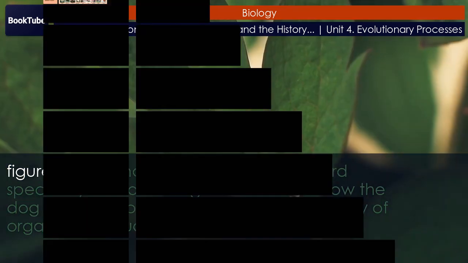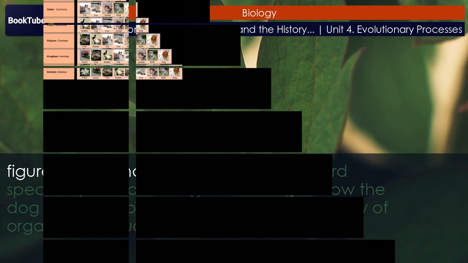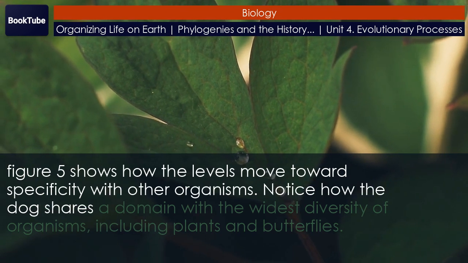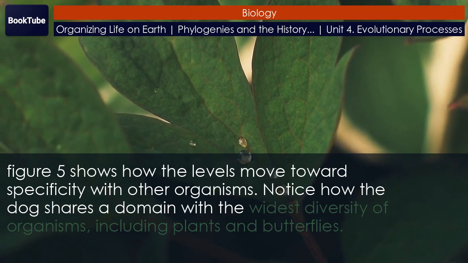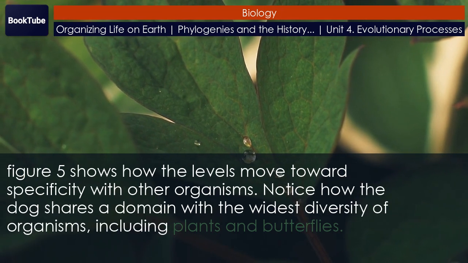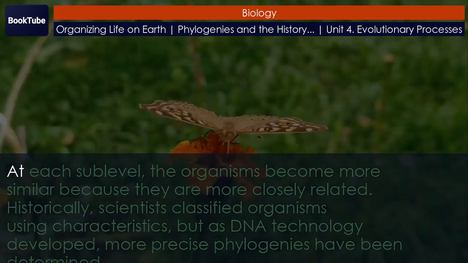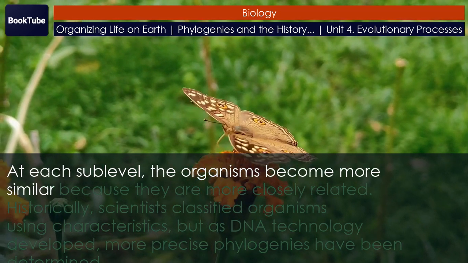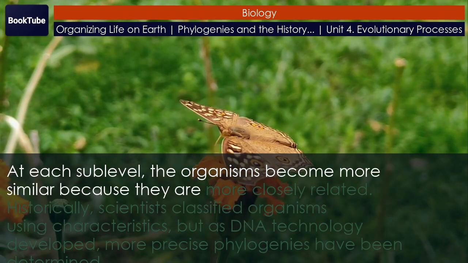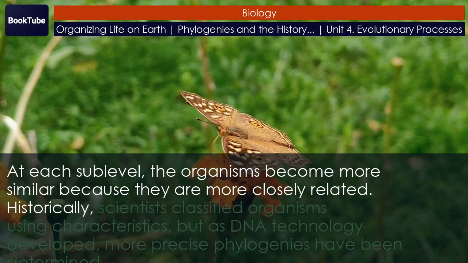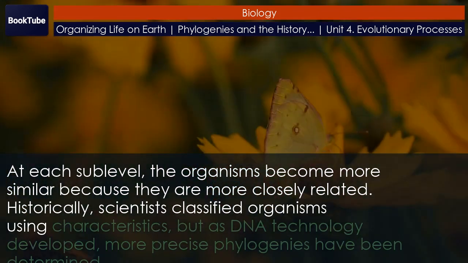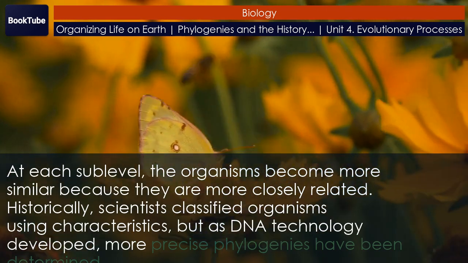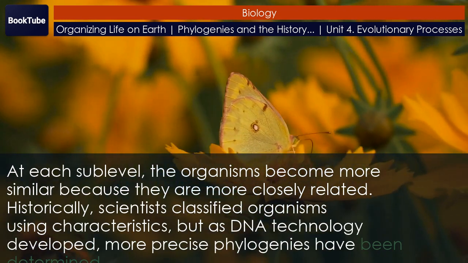Figure 5 shows how the levels move toward specificity with other organisms. Notice how the dog shares a domain with the widest diversity of organisms, including plants and butterflies. At each sublevel, the organisms become more similar because they are more closely related. Historically, scientists classified organisms using characteristics, but as DNA technology developed, more precise phylogenies have been determined.